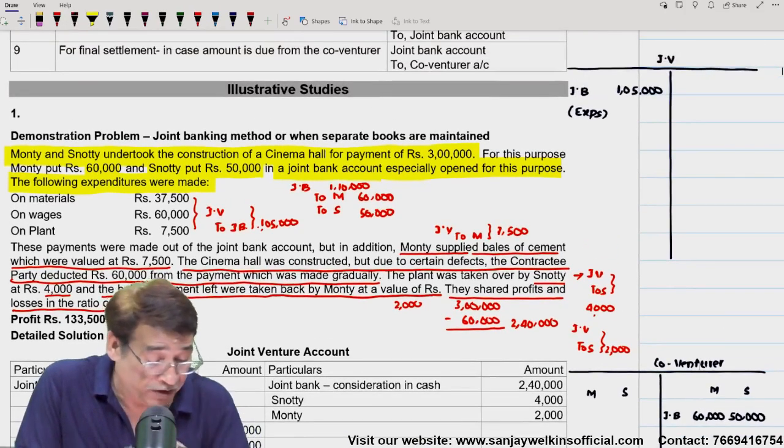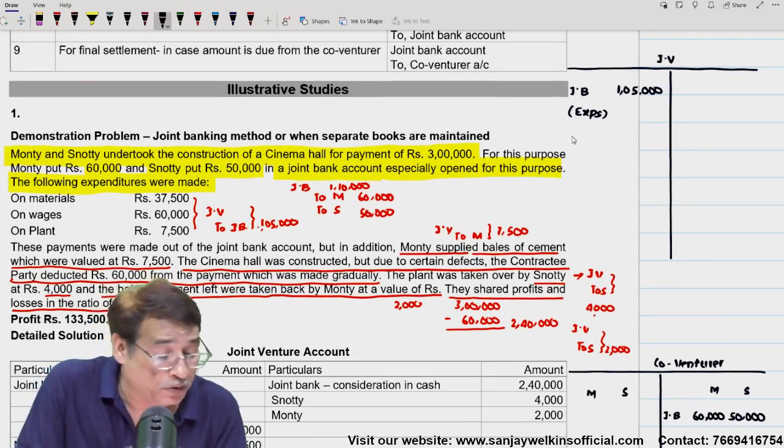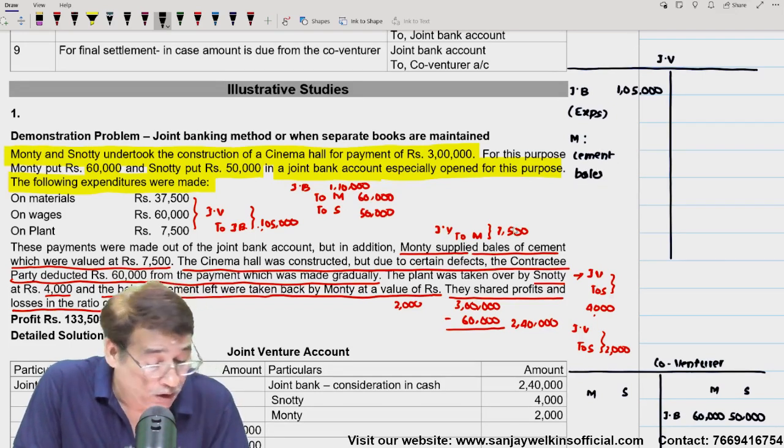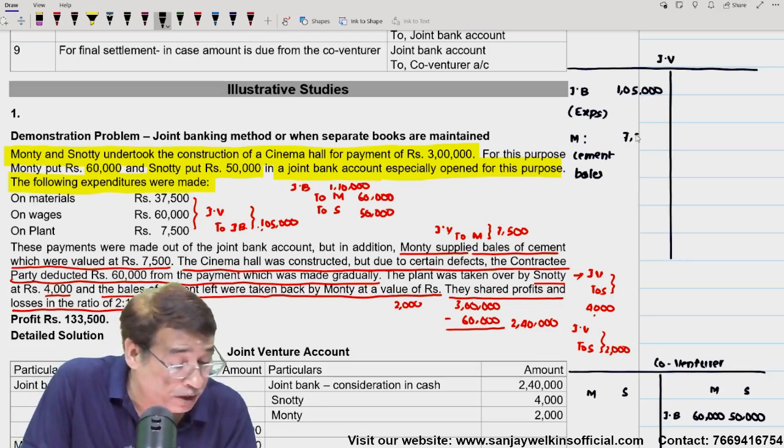So joint venture account debit to Monty. I will write here to Monty. You can write in brackets cement bales. That means Monty has supplied some cement bales. $7,500.